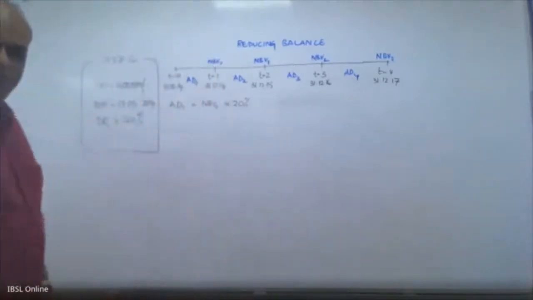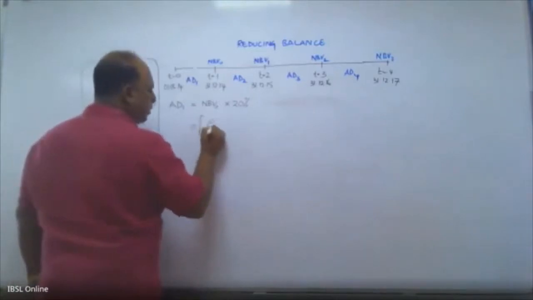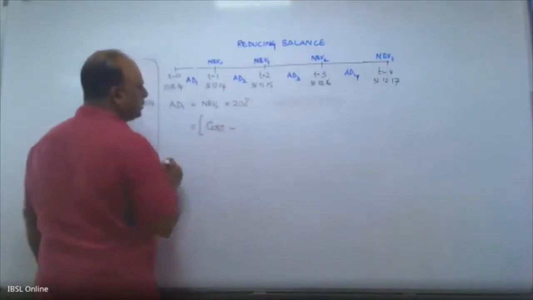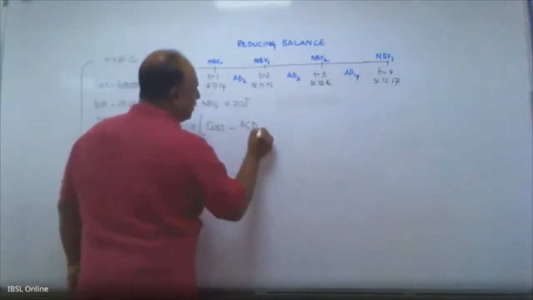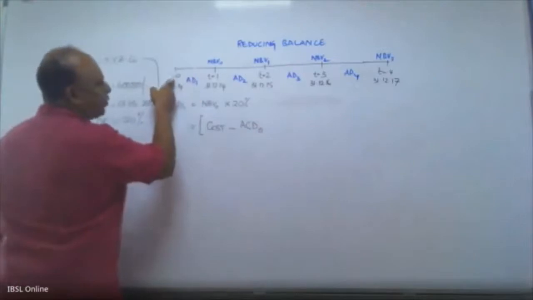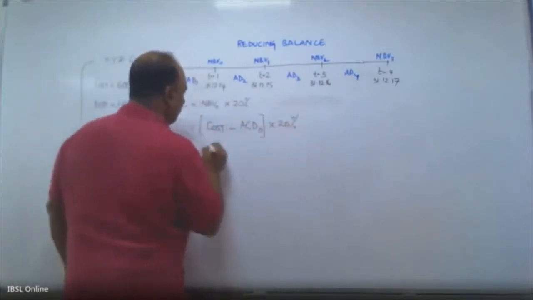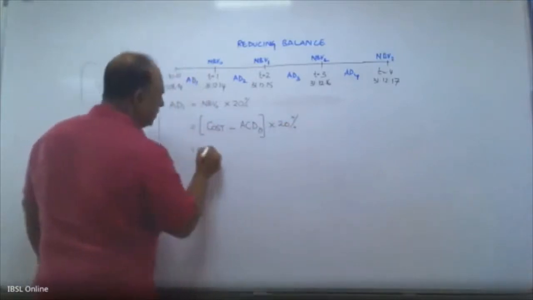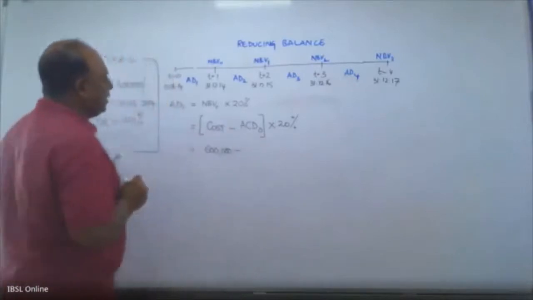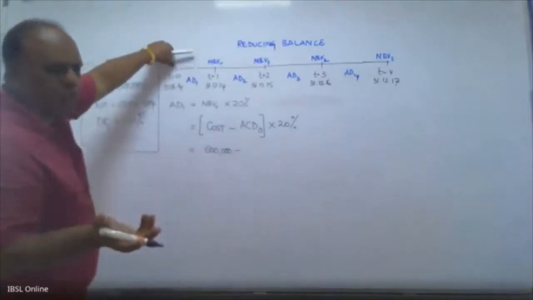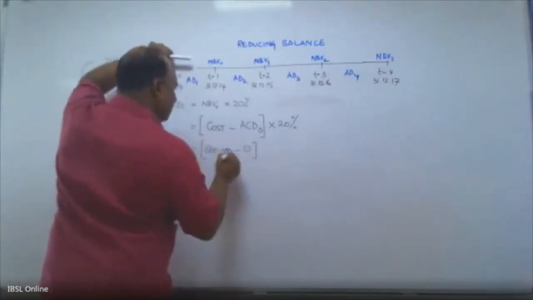So net book value 0 means cost minus accumulated depreciation at time 0, at this point, into 20%. So what is your cost? Cost is 600,000 minus, at this point there is no depreciation, so it will be 0, into 20%.